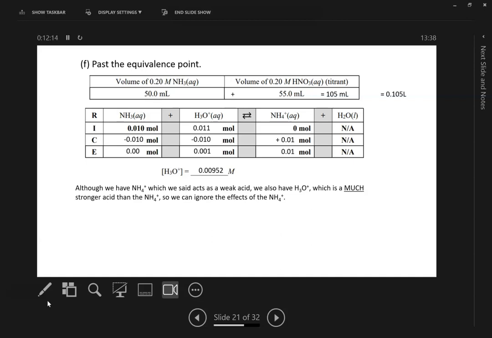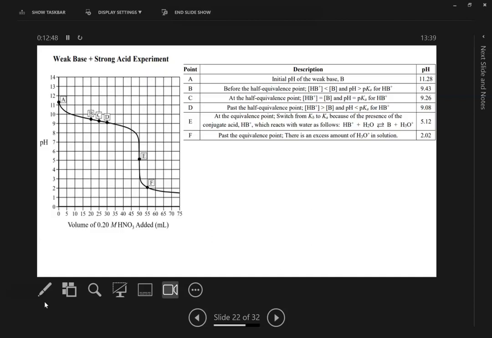So I can ignore any contribution to acidity that NH4 plus makes because its Ka is 10 to the minus 10th, whereas H3O plus is 10 billion times stronger. So we can ignore the effects of the NH4 plus. So now my pH is the negative logarithm of 0.00952, which is 2.02. So now I'm very acidic at this point.